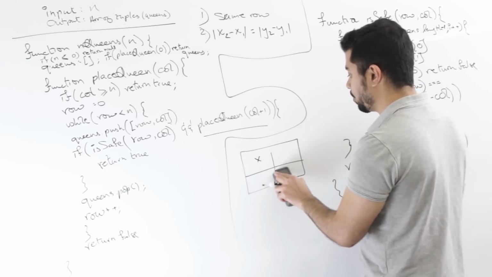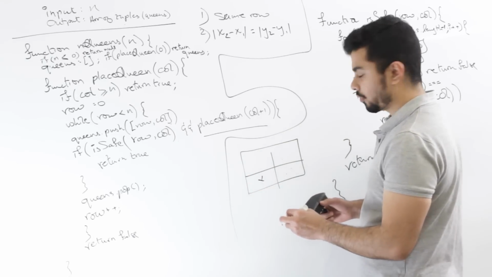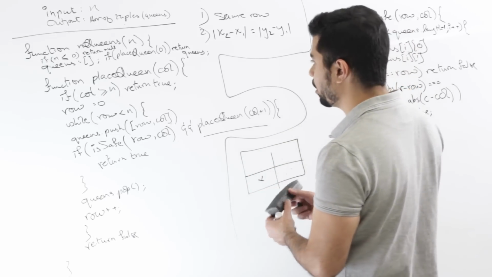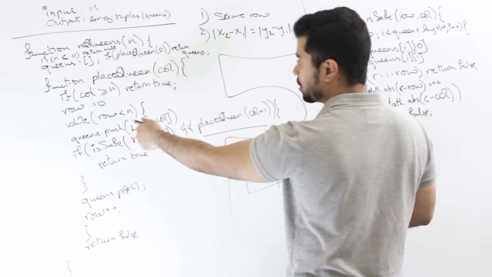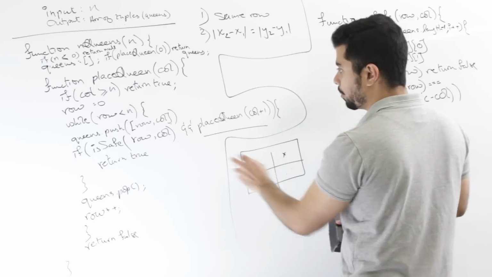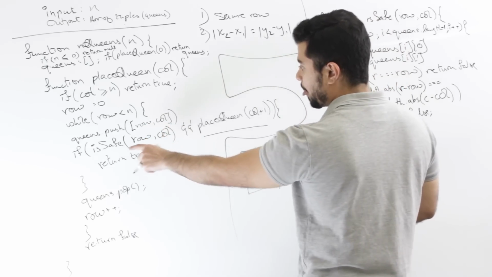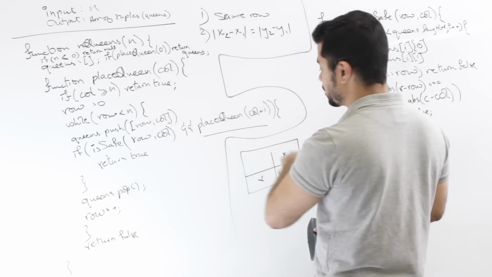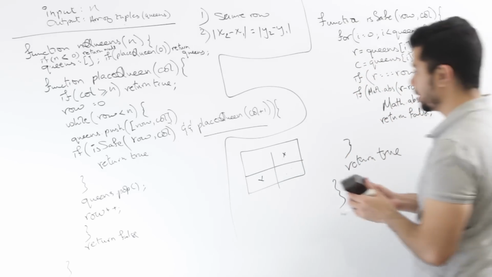So it will go back and increment the first column. Now over here, column is 1. So it'll start with row 0, push this coordinate as the queen, and then say if isSafe. This is not safe, right? The absolute value will return false.